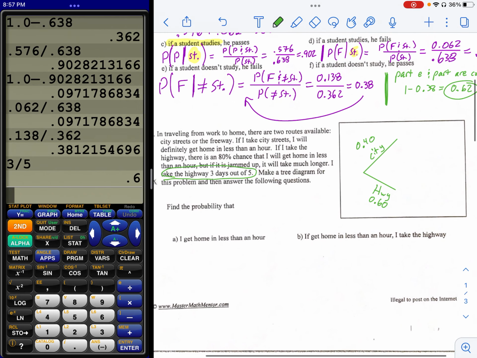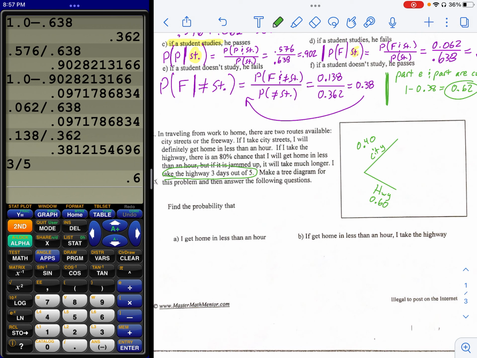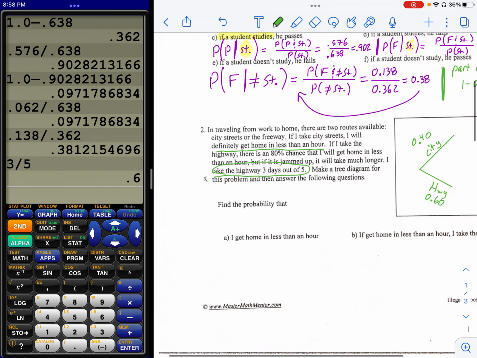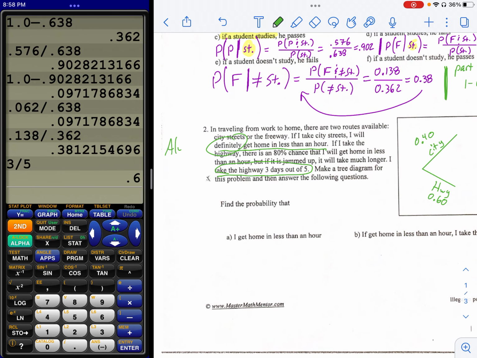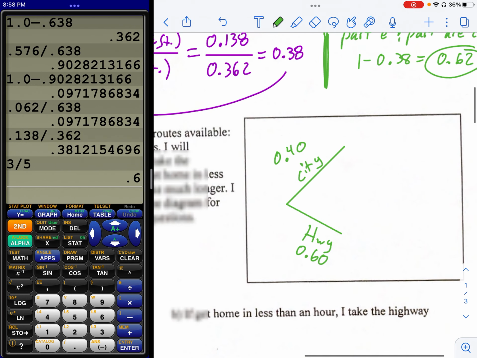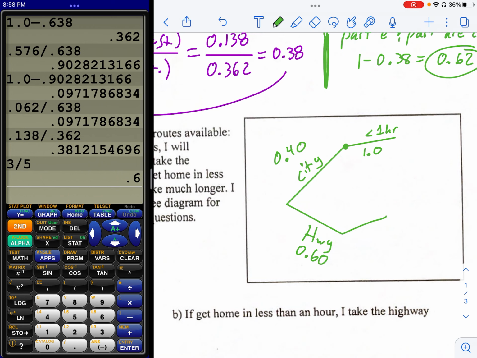Then what does it say? If I take the city streets, I will definitely get home in less than an hour. Definitely means always, right? Which means 100%. So there's really only one branch off of here, which I'm going to label less than 1 hour, and it's 100% or 1.0. It happens every time when you take the city streets.